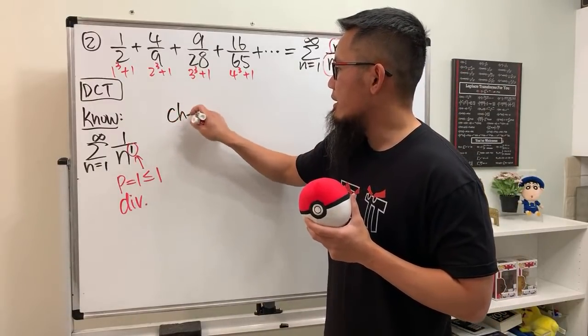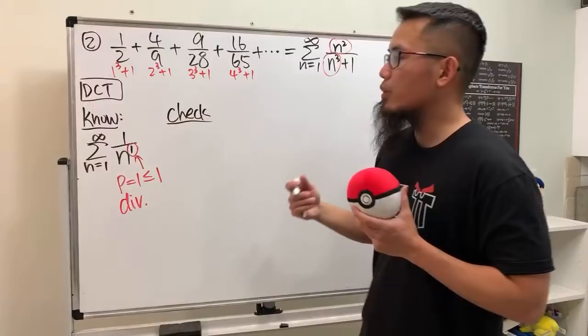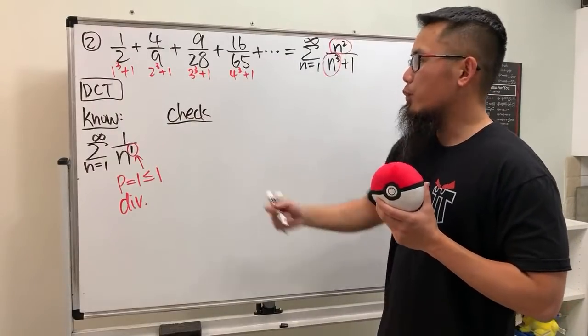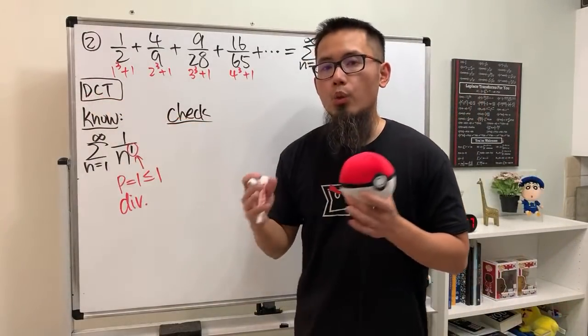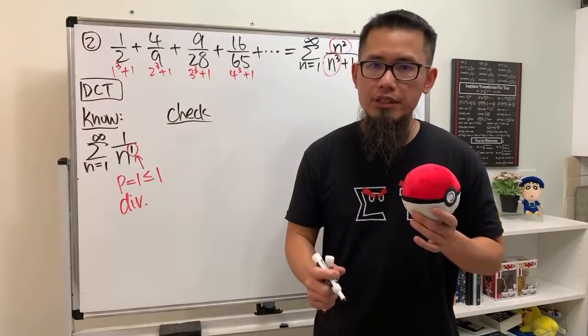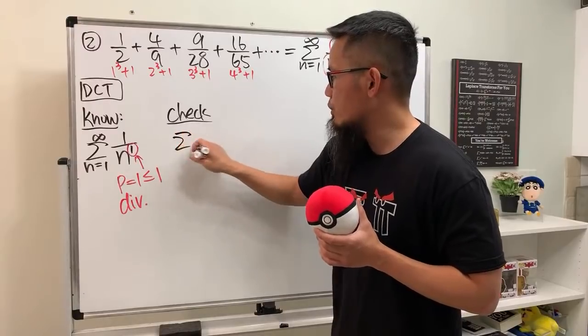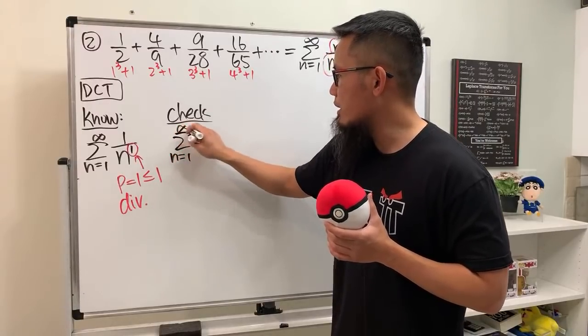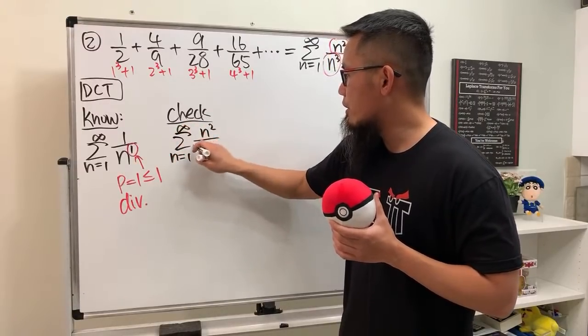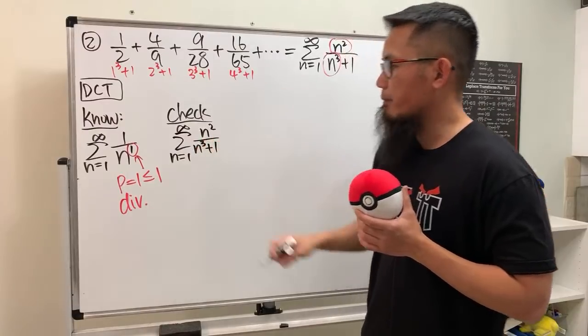Now, the next thing that we'll do is we are going to check. If we are doing the direct comparison test, we have to check inequalities. So this is how we do it. Put down the one that we are trying to do, which is the series as n goes from 1 to infinity, n squared over n to the third power plus 1.